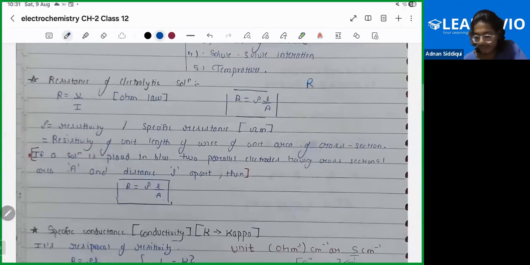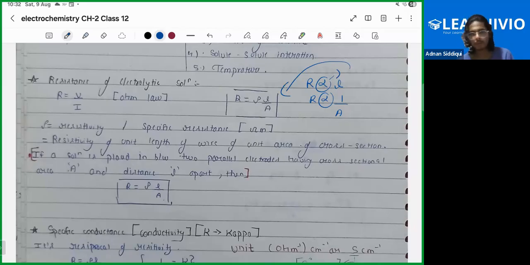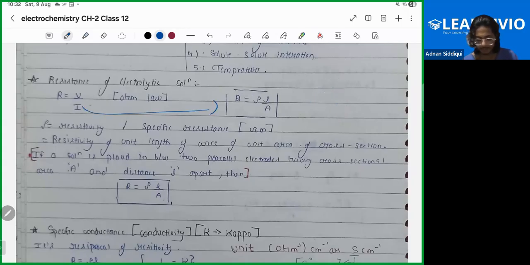Resistance is directly proportional to the length of your wire, and inversely proportional to the area of your wire. If you remove the proportionality sign, you have to introduce a constant which is resistivity. Is it clear? These two formulas.